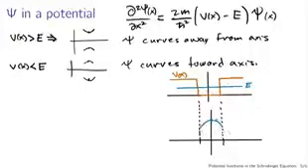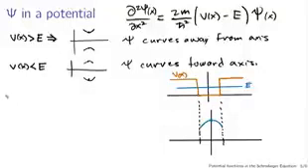But where do I start it? Do I start it going like that? Do I start it going like that? What does this actually look like? Well, if you think about this, we can say a little bit more about what happens to our wave function when it passes a boundary like this.